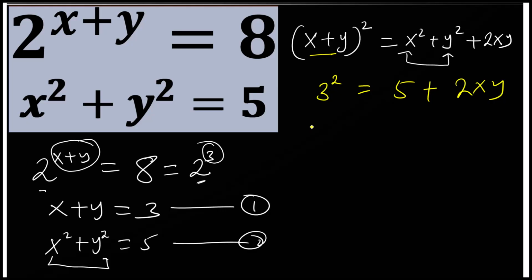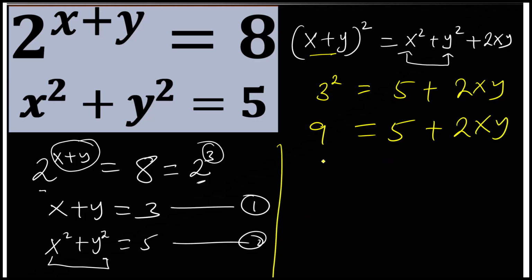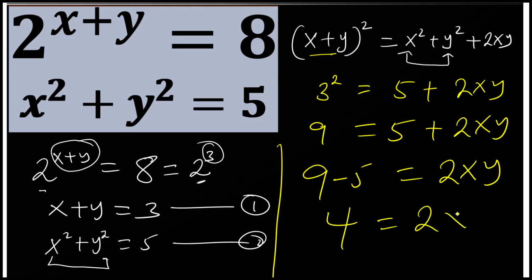2xy, so that will be 9 equals 5 plus 2xy. So from here we have 9 minus 5 equals 2xy, that is 4 equals 2xy.